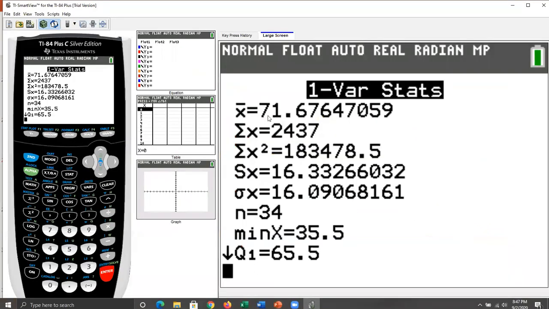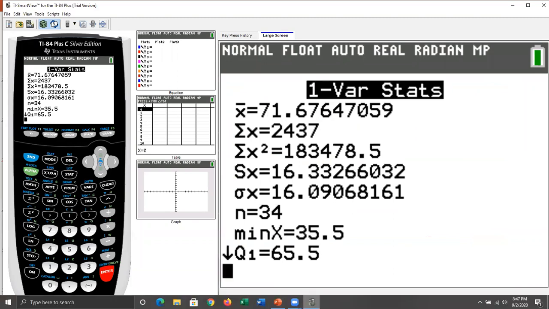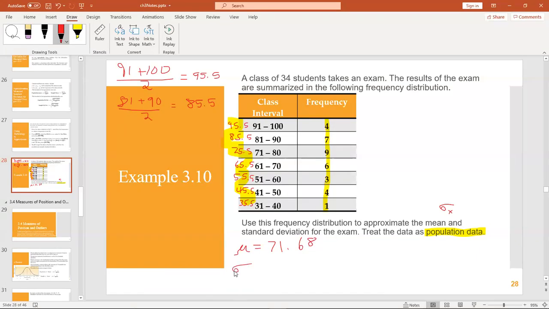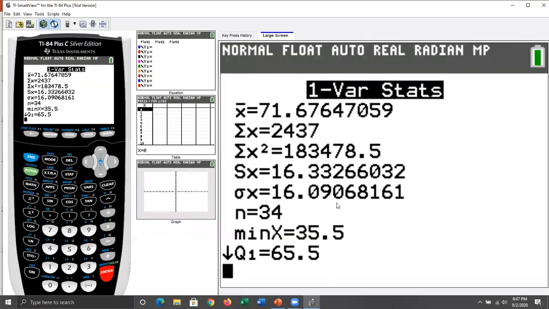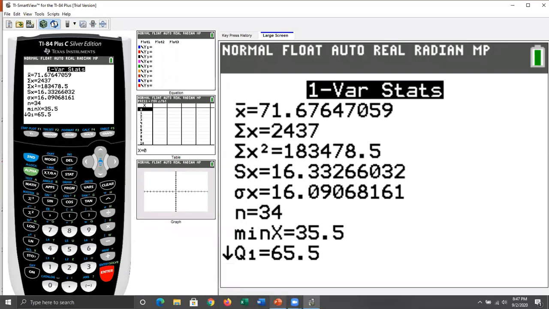So in this case, the mean, which for a sample is called x bar, but here it's going to be mu, is 71.68 if you round that off. And then we want sigma x because we are told this is to be treated as a population. So sigma x is 16.09.